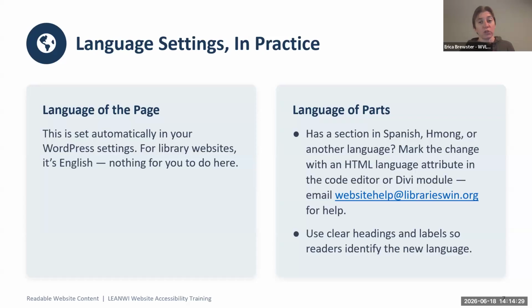The other thing you could do is use clear headings and labels so people know what that new language is from context, or even just say Spanish and then have Español following.